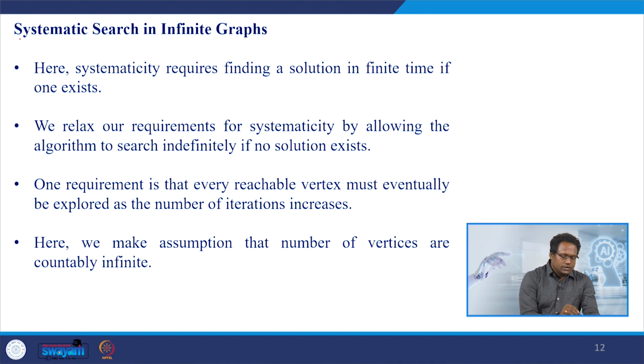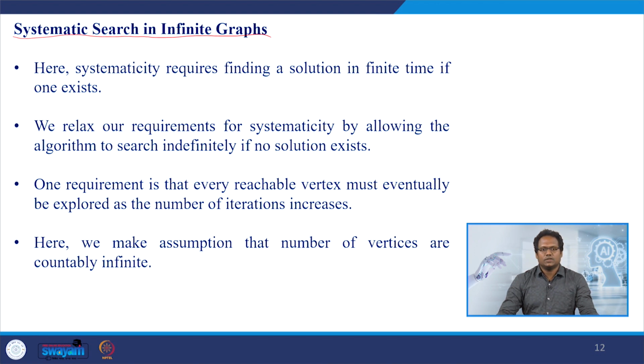Now, let us see the systematic search in infinite graphs. Here systematicity requires finding a solution in finite time if it exists. If the solution exists, then we need to find it in finite time.